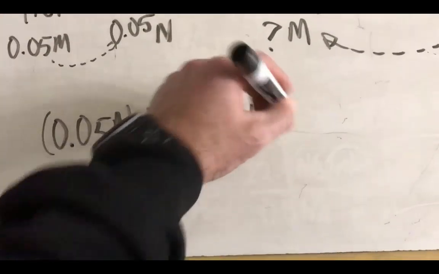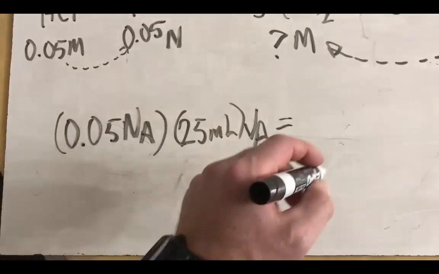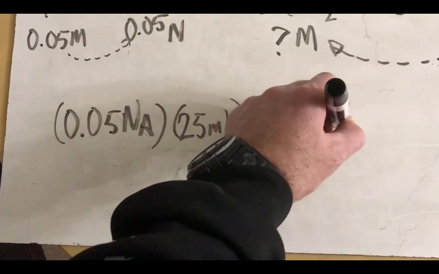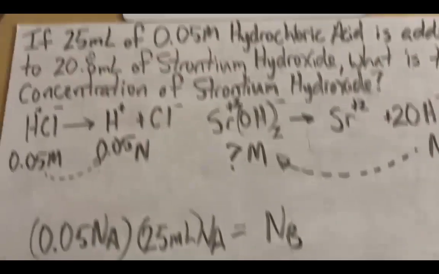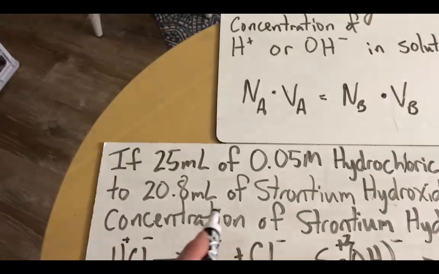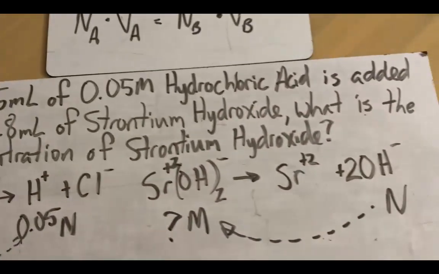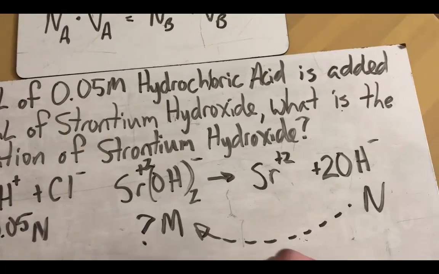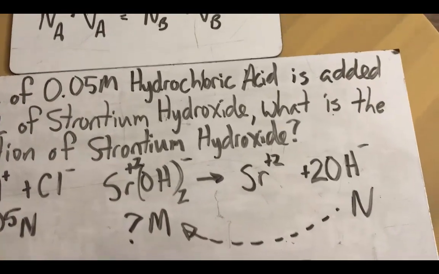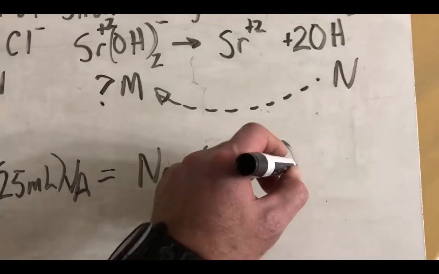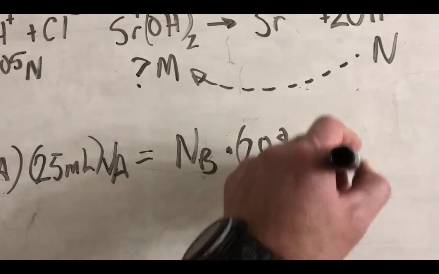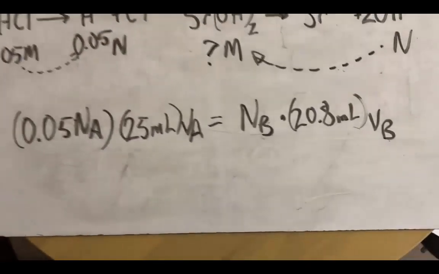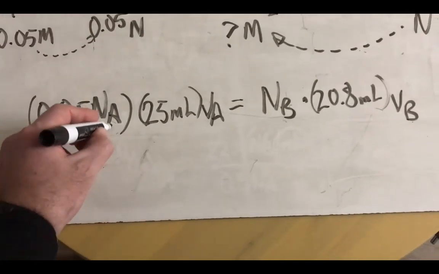It's going to be equal to the normality of the base. That's what we don't know for now, but we know how much of the base we had. 20.8 milliliters, and this is the volume of the base. Okay, so there's our equation.